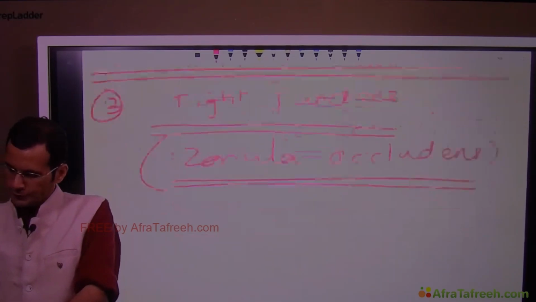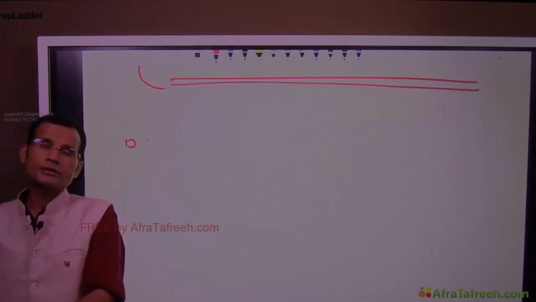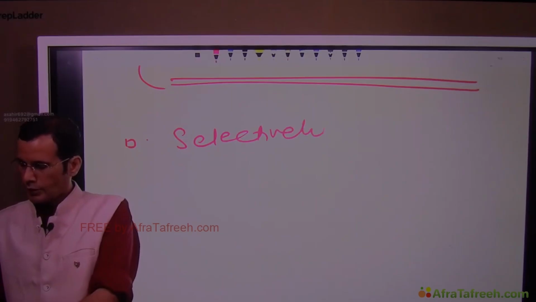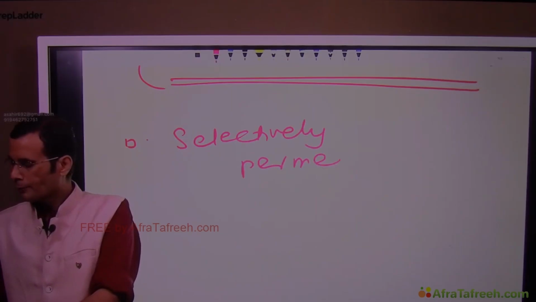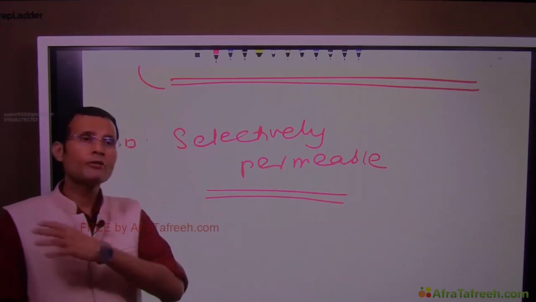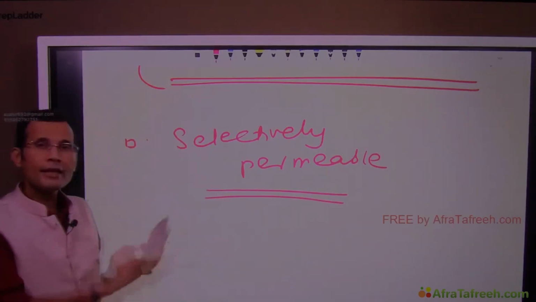Tight junctions are selectively permeable. That's a difference between gap junctions and tight junctions. Gap junctions were freely permeable. These are selectively permeable.